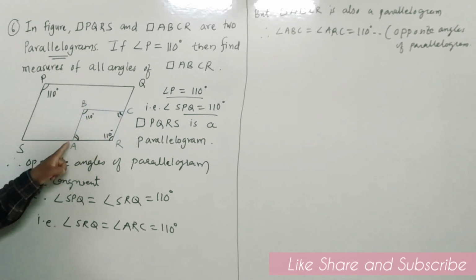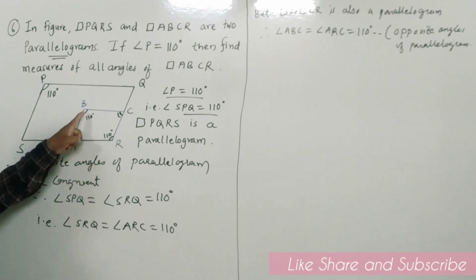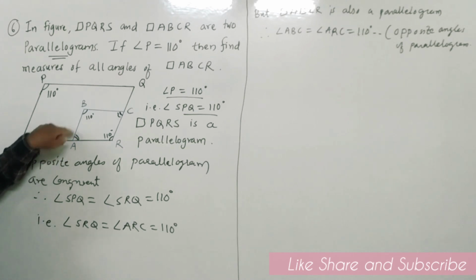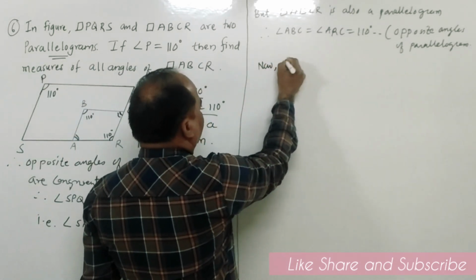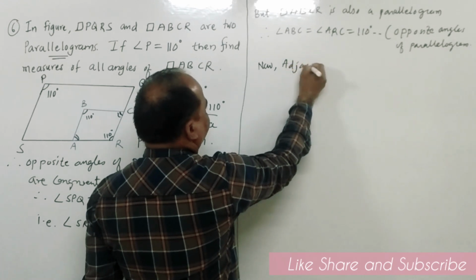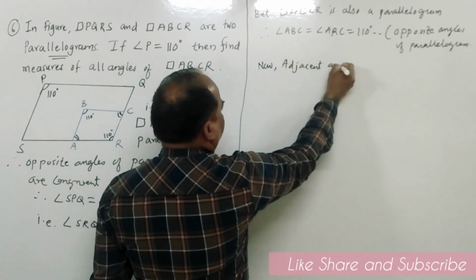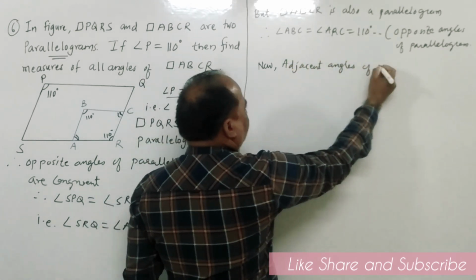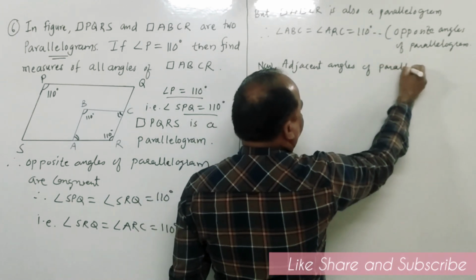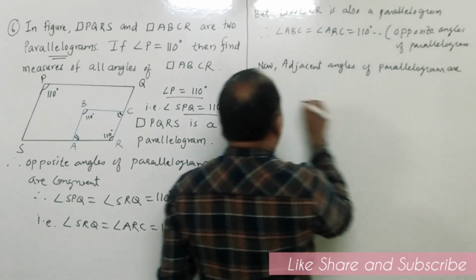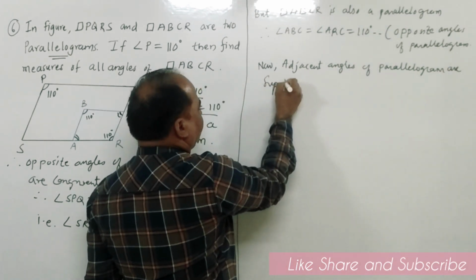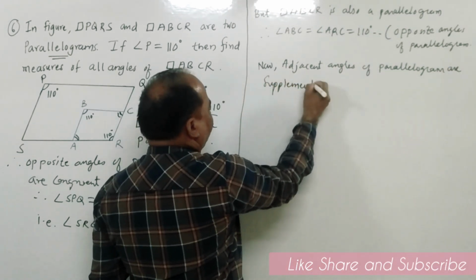Now you have to find angle BAR. Now angle ABC and angle BAR are adjacent angles. Adjacent angles of a parallelogram are supplementary.